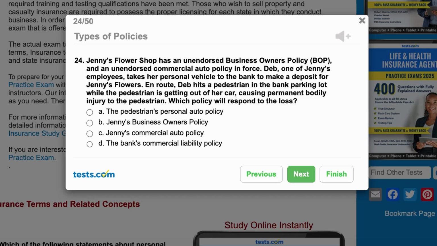Which policy will respond to the loss? A. The pedestrian's personal auto policy. B. Jenny's business owner's policy. C. Jenny's commercial auto policy. D. The bank's commercial liability policy.